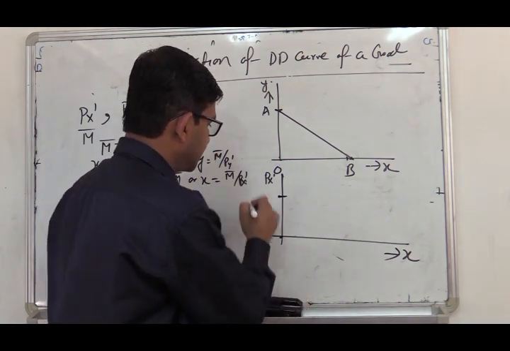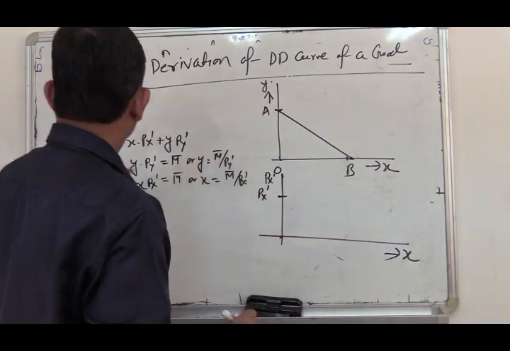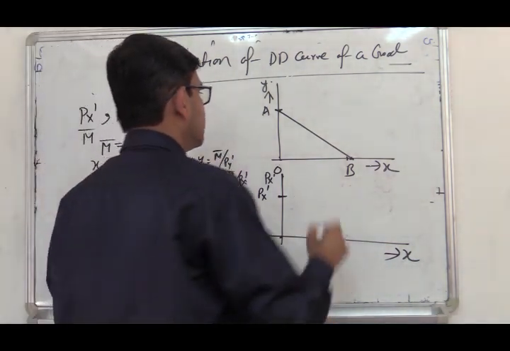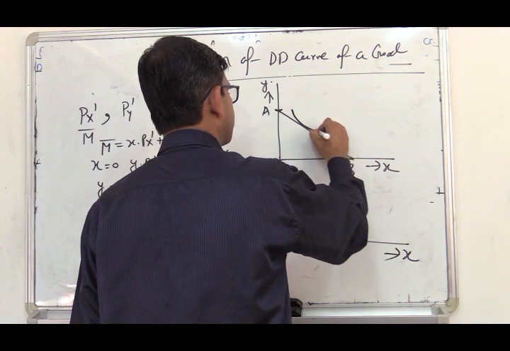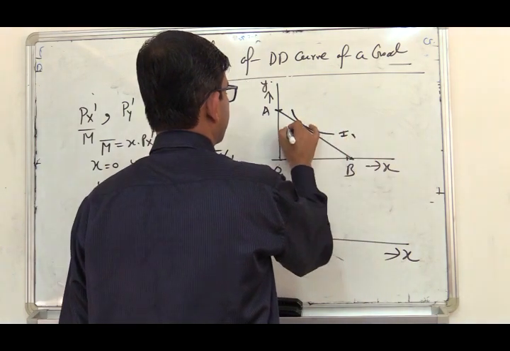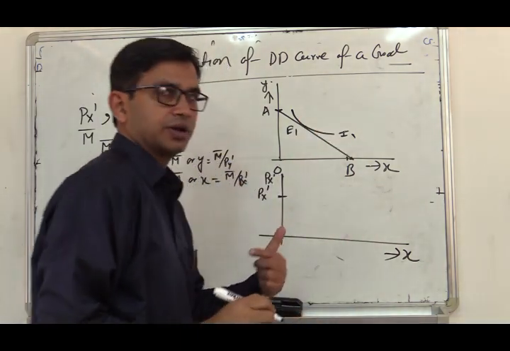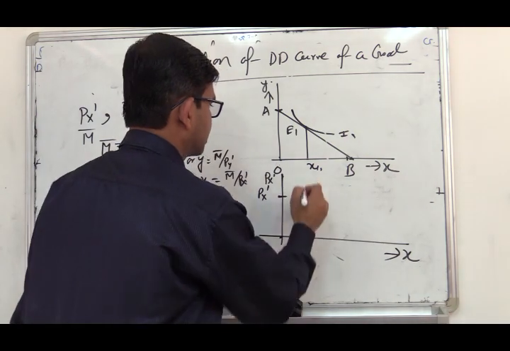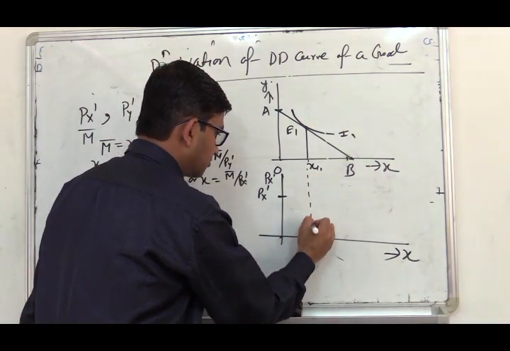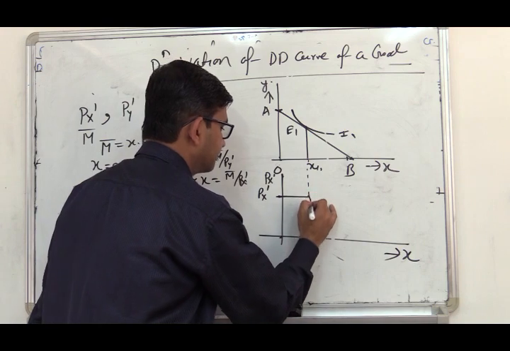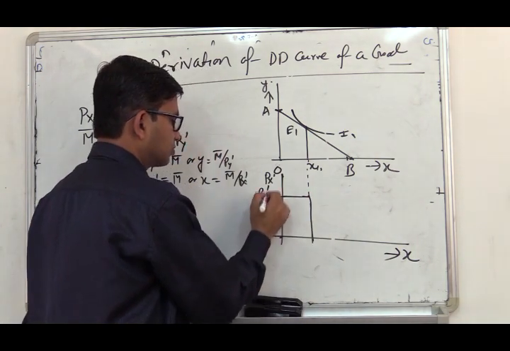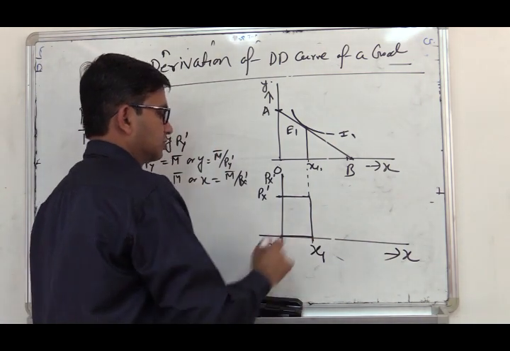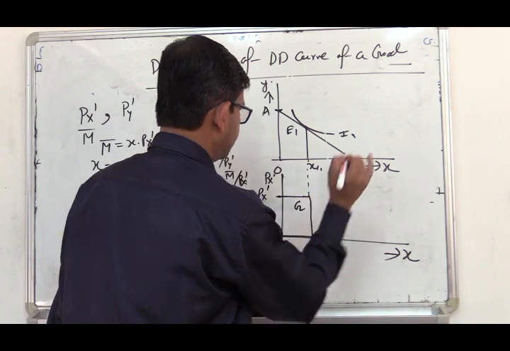Initially the price is OPX1, which represents the price PX1, and here we consider that the consumer's equilibrium is on the indifference curve I1, U1 is the equilibrium point and OX1 is the equilibrium consumption of X. So if we plot this value in the lower diagram, we can say that at price OPX1 the demand for X is OX1. So we name this point G.